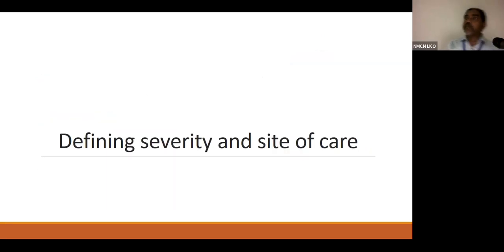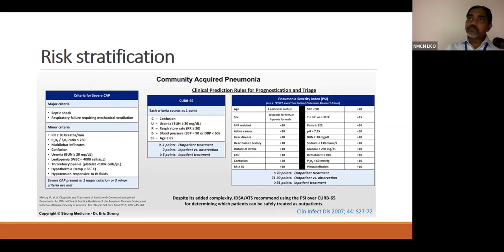The treatment of community-acquired pneumonia depends on the site of care and the severity of illness. So there are some rules, scoring systems, and ways to decide where the patient with pneumonia should be treated.